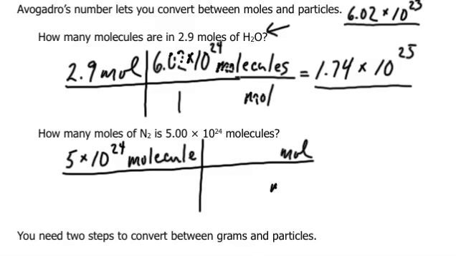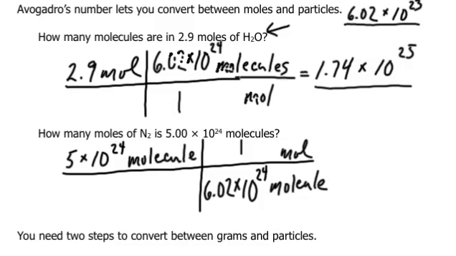So molecules comes down and to the right. And once again, we're using Avogadro's number, and so we will say 1 mole contains 6.02 times 10 to the 24 molecules.